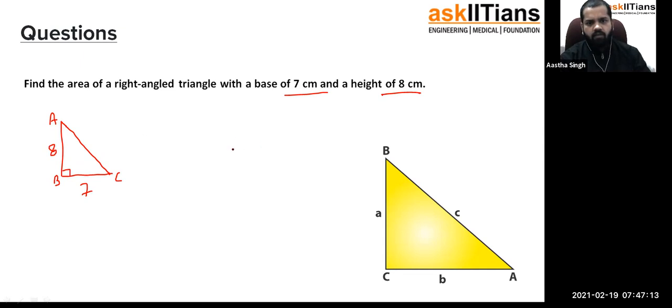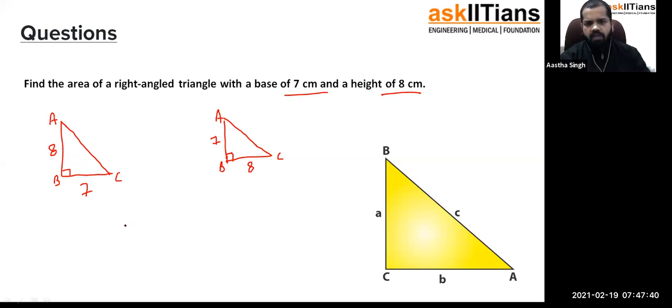The diagram could be like this also. In a right angle triangle, only the hypotenuse is fixed, and perpendicular and base can be either of the two sides. So in triangle ABC, you could also have taken AB as base 7, and then BC will be 8 as the height, the perpendicular from the opposite vertex.